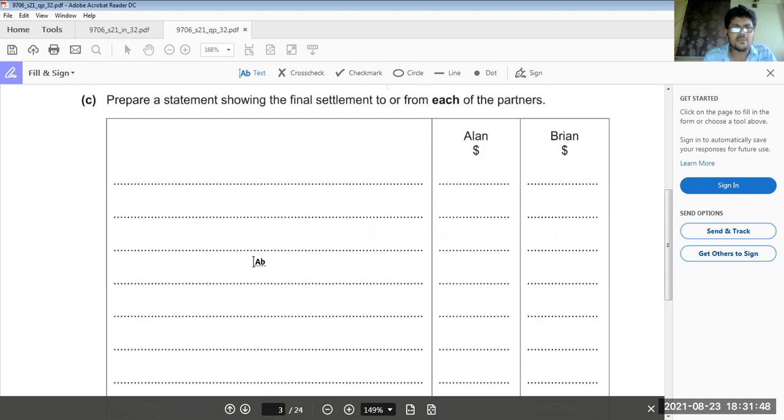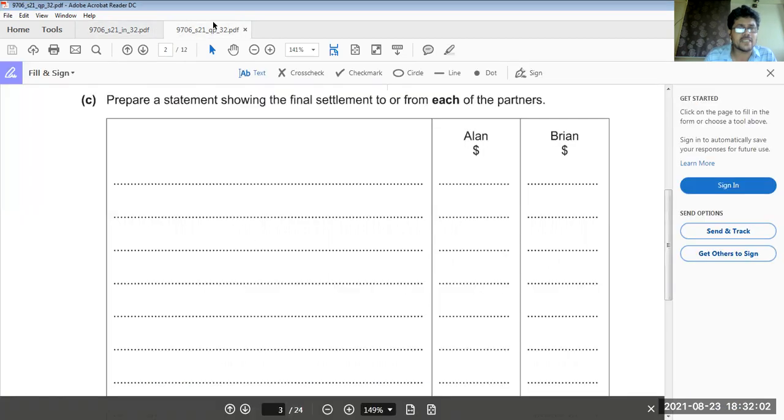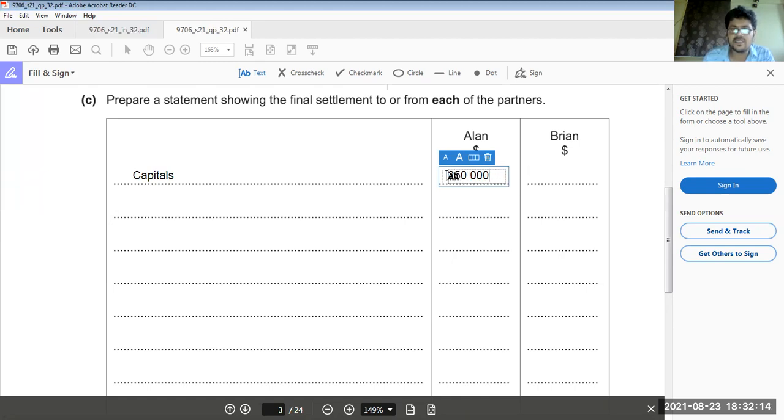Prepare a statement showing the final settlement to or from each of the partners. Now, how much will the partners get? First we have to report the capital accounts of the partners, which are given: 2,50,000 Alan and 200,000 Brian. Capitals 2,50,000 and now current accounts.